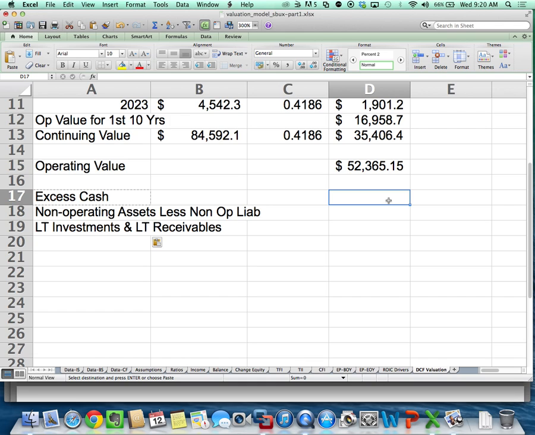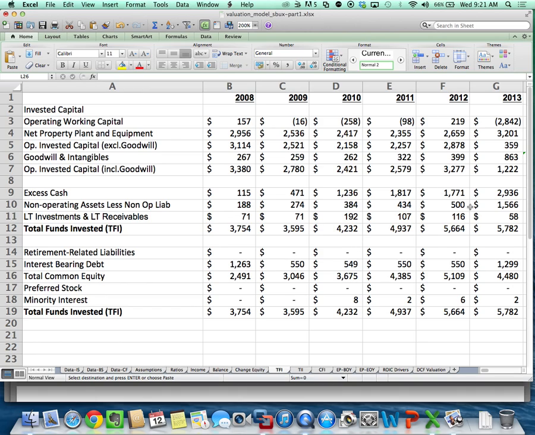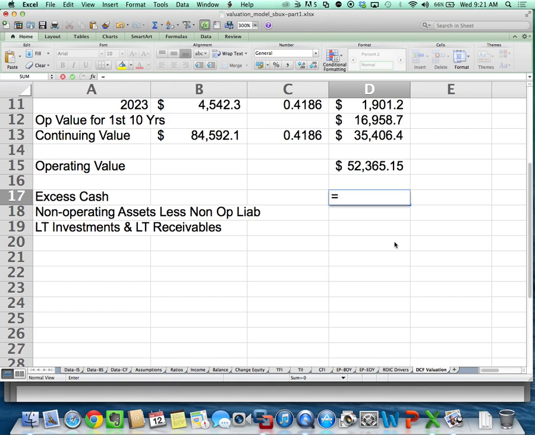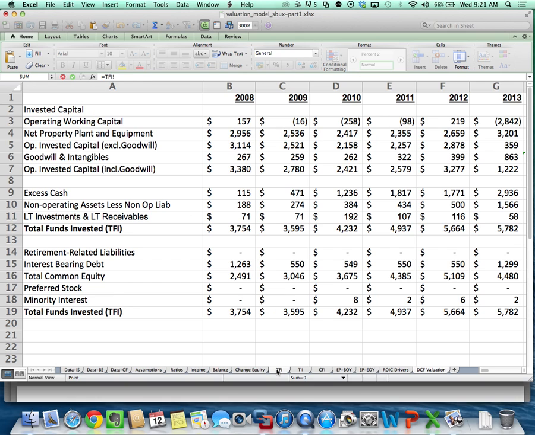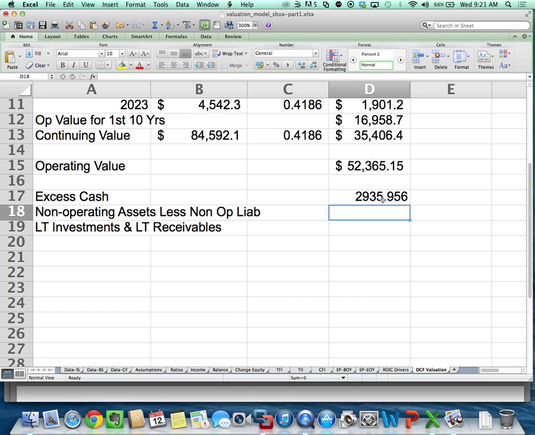Now here's the thing. If I use the last reported year, which is 2013, these are already in present value, because this is the current amount outstanding for each one of those items. So what I'm going to do in my valuation is use, from the TFI, the 2013 last reported numbers for each one of those three.